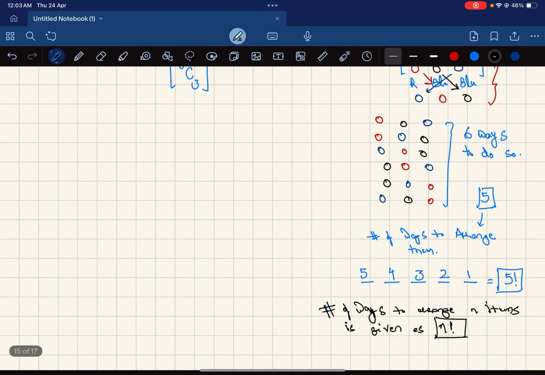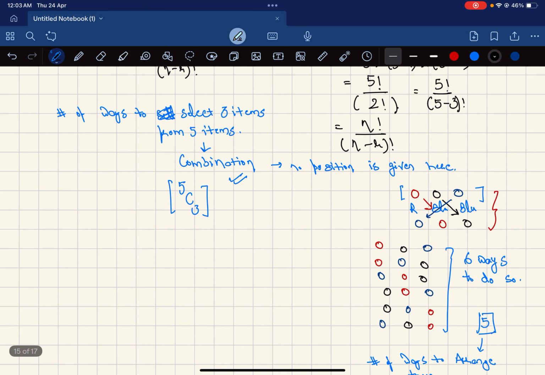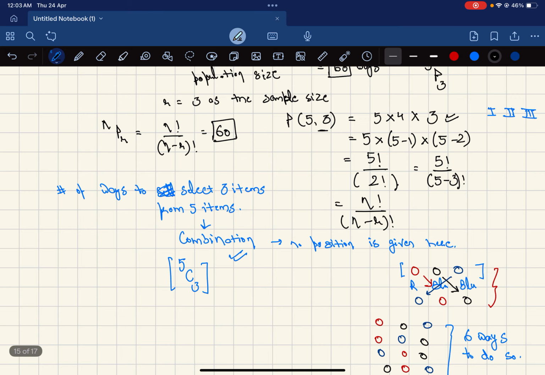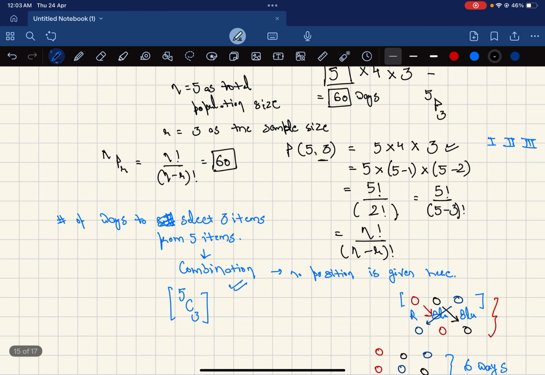Okay, so now that we know this, and we also know the permutations where we were taking r items out of the n selected items.